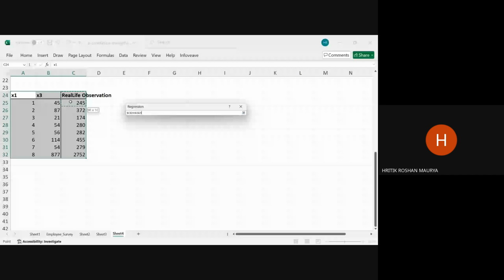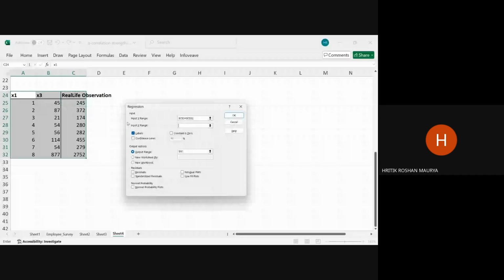The value is quite related, but the thing is that this x2 is the extra variable we have right now. Now let us do the same thing with the two variables only. So I copy this variable and paste it here. Then I will go again in the data tab, go to data analysis, go to regression. Y is this value and x is this value, labels is there, and output I want here.